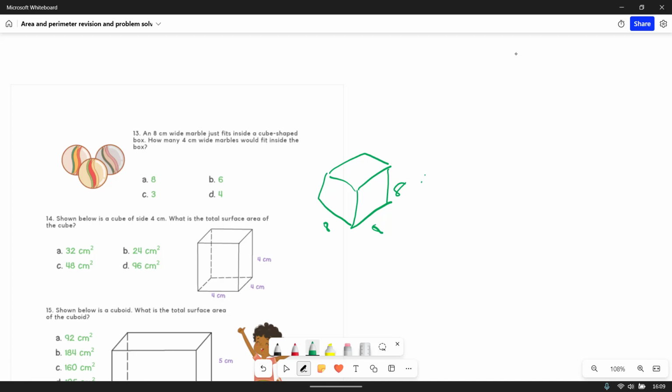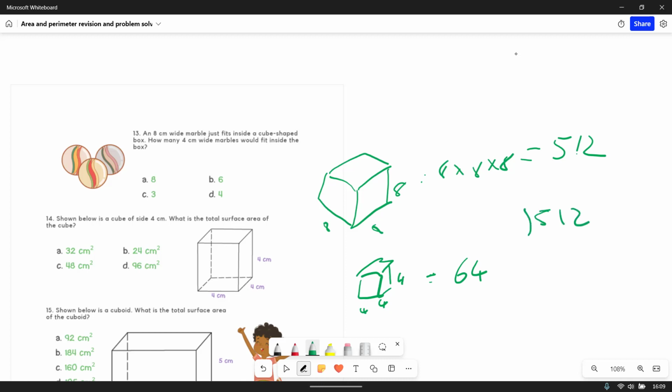So the volume is 8 times 8 times 8, 64 times 8, which is 512. Now you've got a marble of 4 centimeters. So I'm going to write 4 here. 4 by 4 by 4 is 64. So then you've got to do 512 divided by 64.